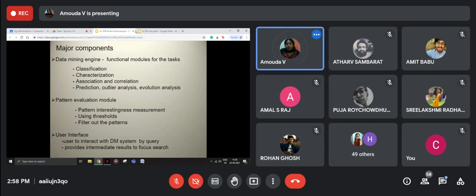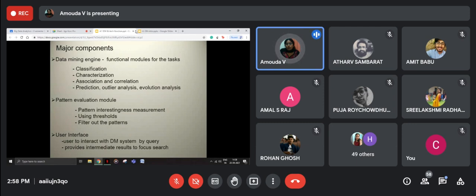And then at last we have the user interface module. It is a very important module. Whatever the flowchart shows you, this particular data mining architecture does this job. Without seeing the output, the user finds it goes to waste.